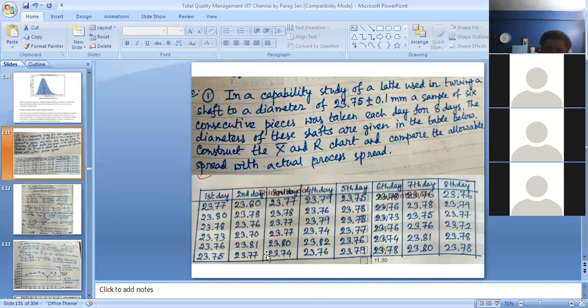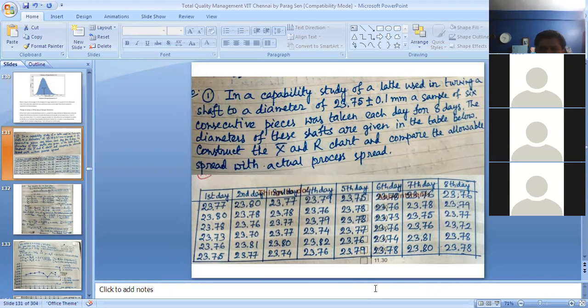Not necessarily will all cases have the same subgroup size, that is, 6 for all the 3 machines. In some cases it may be 4, and you will simply take the averages of 4. In some cases it may be 3, and you can simply take the averages of 3.